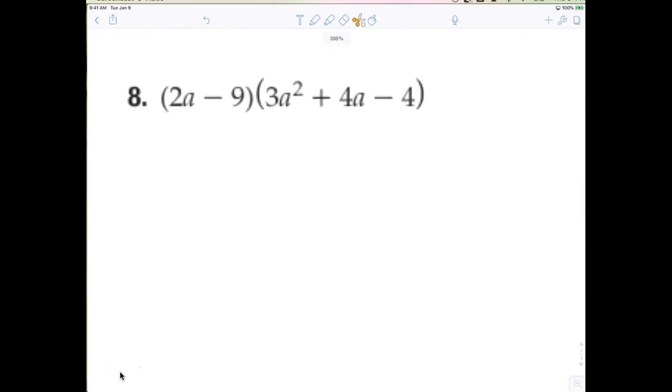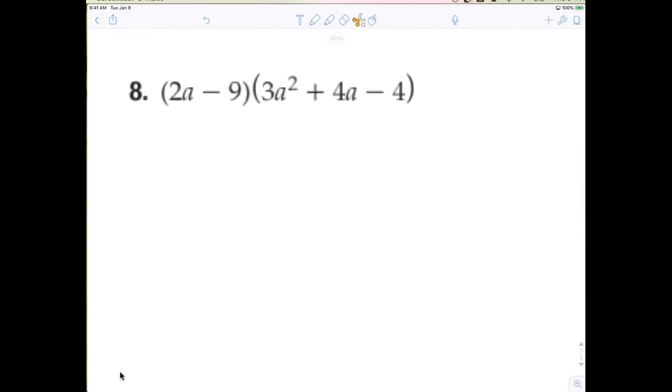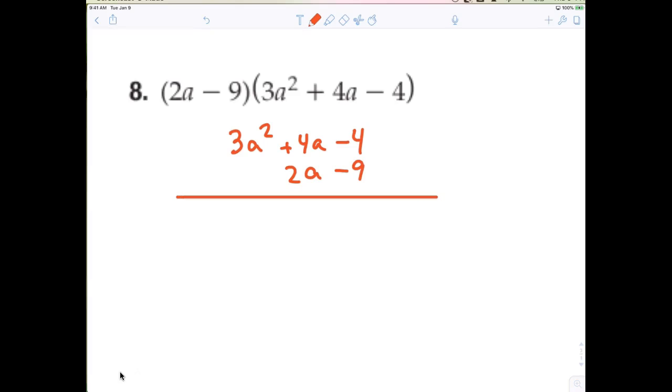Okay, here we go. Again, same exact process. It's just like multiplying 123 times 12. So here, we're doing 3a squared plus 4a minus 4, and then 2a minus 9. You can see it's very easy if you know how to multiply.